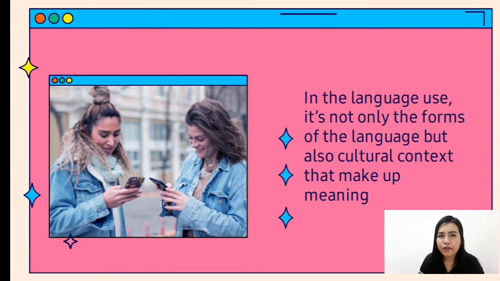Next, I will briefly explain about language use and culture. In language use, it's not only the forms of the language, but also cultural contexts that make up meaning. That's why some cultural aspects are included in the learning material, because some cultural differences can be a problem for the students.